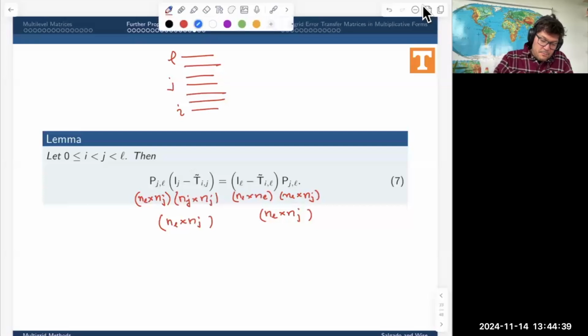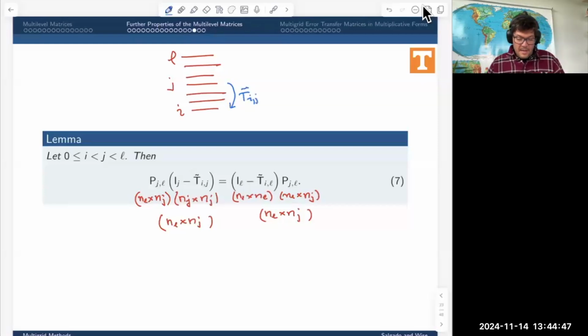Let's write this in blue, T_I^J tilde, and that's square. And what about this guy here? That's going from level L all the way down to level I, and that's what we call T_I^L tilde.